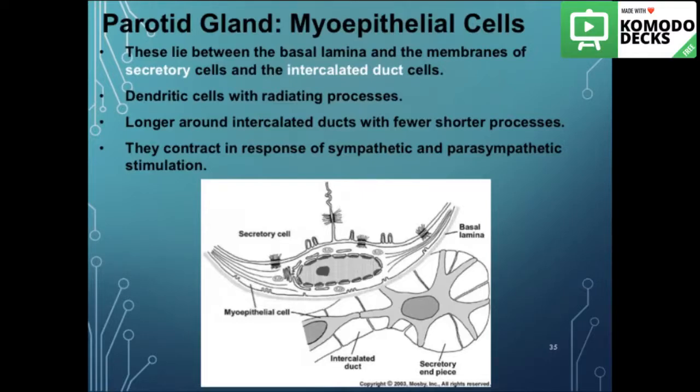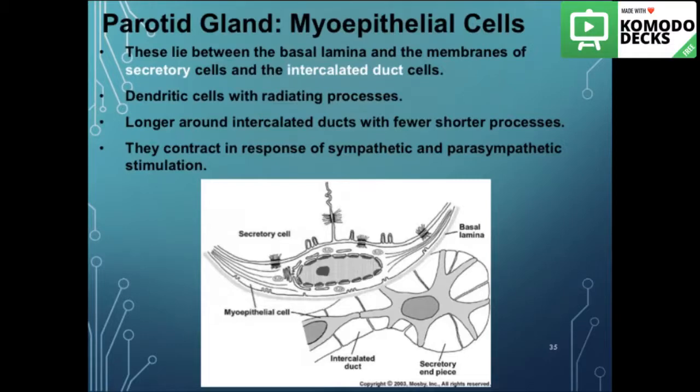They are more elongated around the intercalated ducts with shorter processes, when we compare this with the cells around the acinus, which have a fusiform shape and much longer processes.